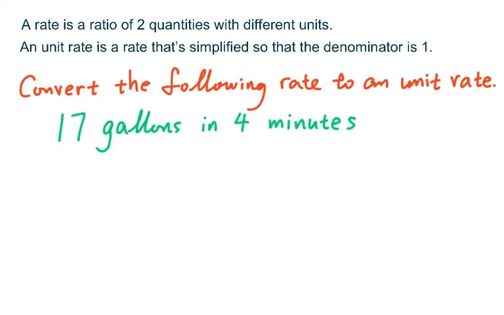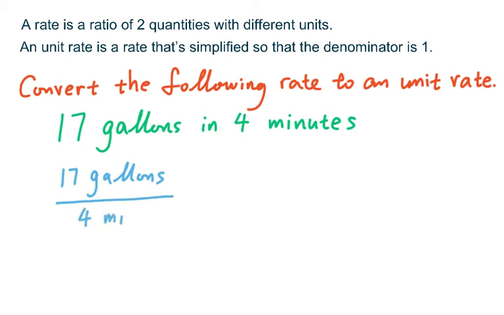Let's look at this example. Suppose you're given 17 gallons in 4 minutes and you are asked to convert this rate to a unit rate. You can first write this as 17 gallons over 4 minutes.